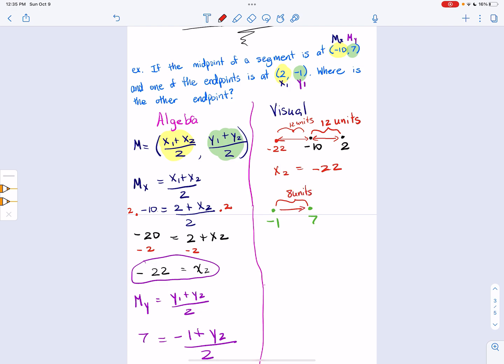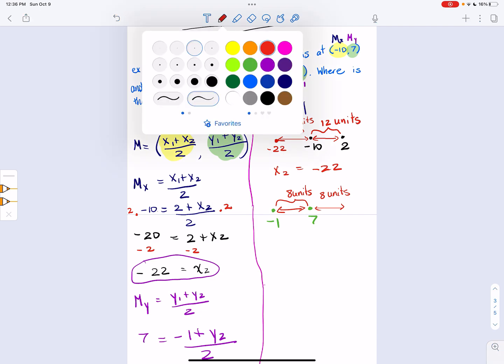So they're 8 units from the endpoint on the left going up to the midpoint at 7. Now if I want to figure out what's over here on the other endpoint, I can jump 8 units once again and add that 8 onto the 7, and I get 15.